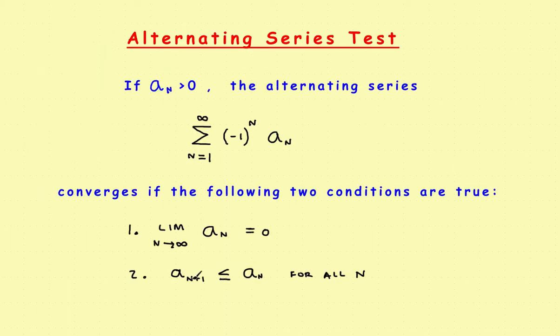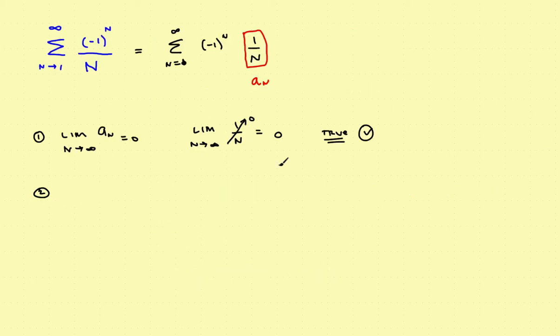Since it passed the first condition, let's go back to the rule, and you need to test the second condition. Is any term less than the term in front of it? What this one says is a sub n plus 1 is less than or equal to a sub n. All that means is everywhere you've got an n, replace it with an n plus 1. So this would become 1 over n plus 1, and I want to show that that's less than or equal to 1 over n.